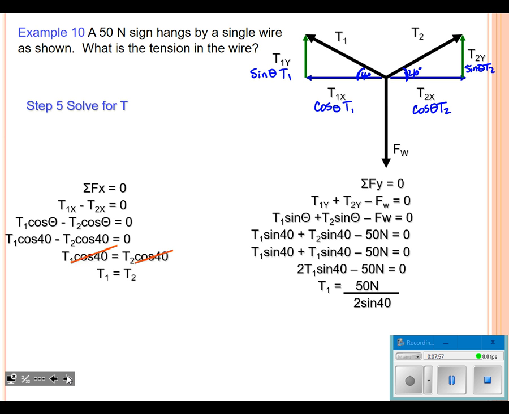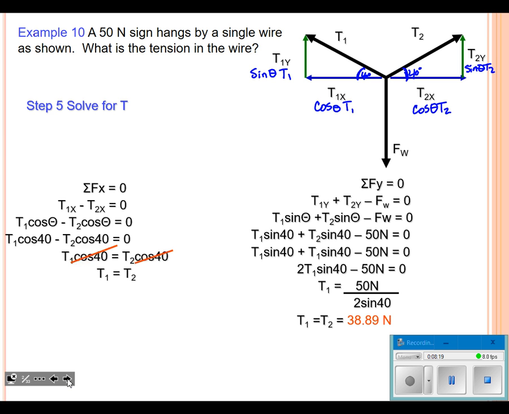So then if I rearrange it to solve for T, that's 50 newtons divided by 2 divided by sine theta, or sine 40. Okay? So once I do that math and solve in my calculator, I can find out that T1, which is equal to T2, are both 38.89 newtons.